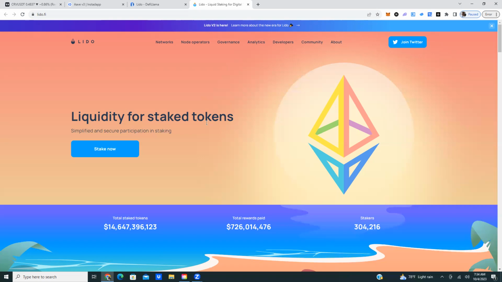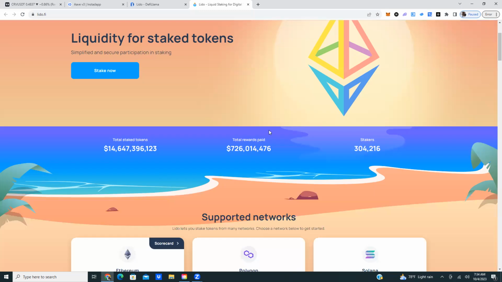Staking simply means that you're going to deposit your assets onto this platform and you're going to receive interest on those assets. Hopefully that makes sense for you guys.